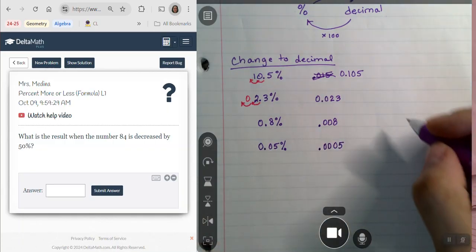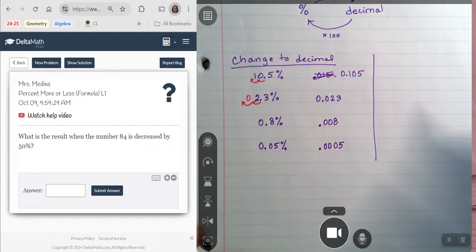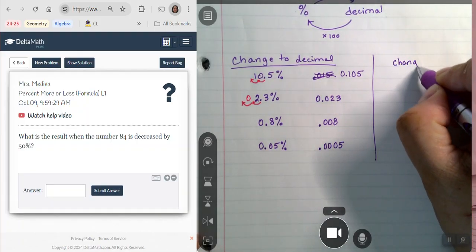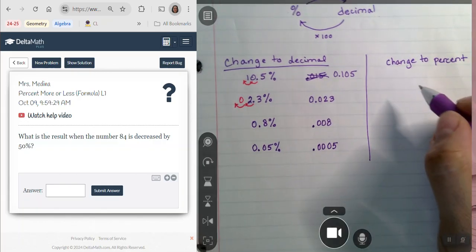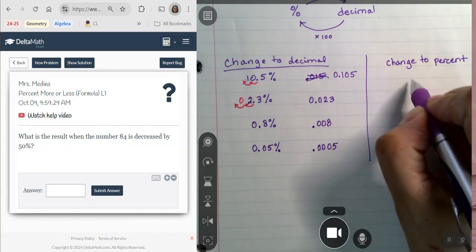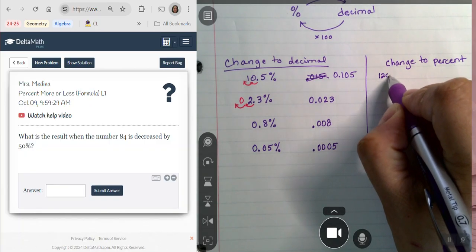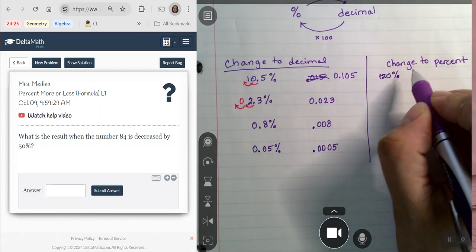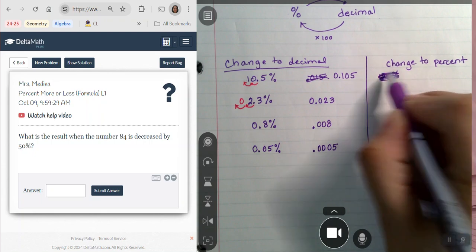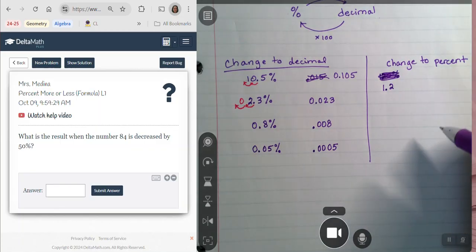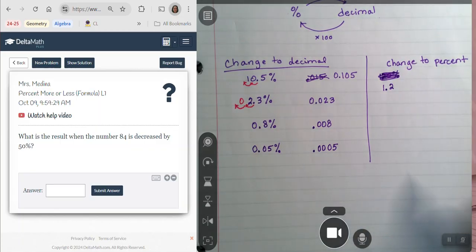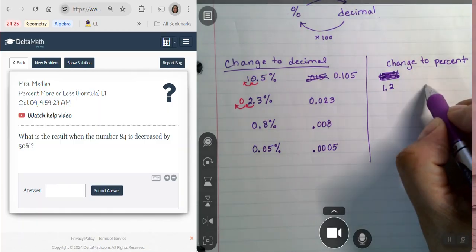Okay, but what if I asked you to go from a decimal to a percent. So let's say 1.2. I want you to change that to a percent. 120%.